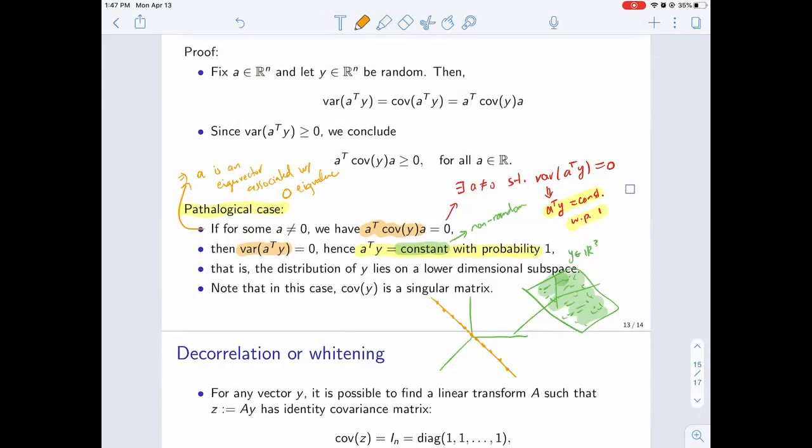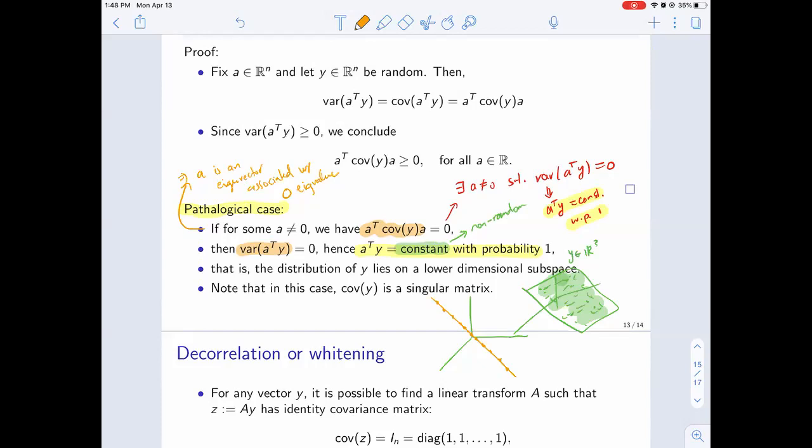So in the pathological case, there is a 0 eigenvalue, or there are multiple 0 eigenvalues, and there are non-zero eigenvectors associated with those. Those eigenvectors are such that if I multiply A transpose by Y, then I get a constant. And this means that they're on a lower dimensional subspace of the whole space.